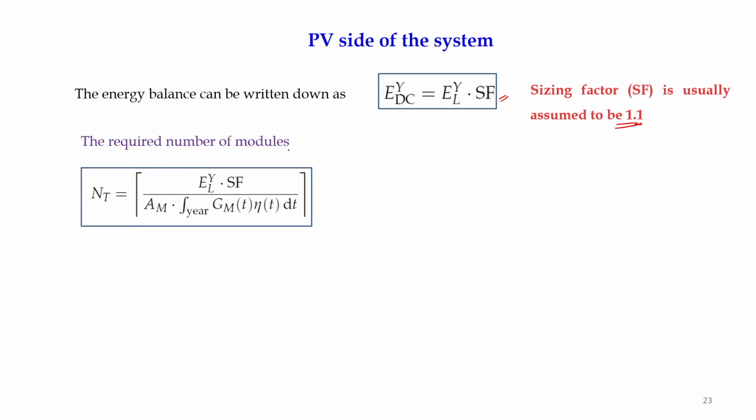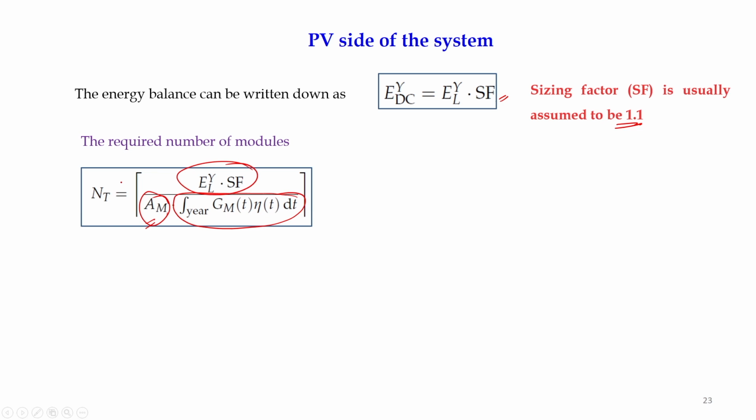So, if we need to find out the number of modules required, then we can use this expression: E_DC yearly, which is equal to E_load yearly multiplied by the sizing factor, divided by the amount of solar radiation which is falling in a year multiplied by the area of a module, right.